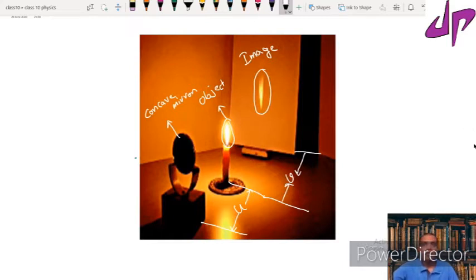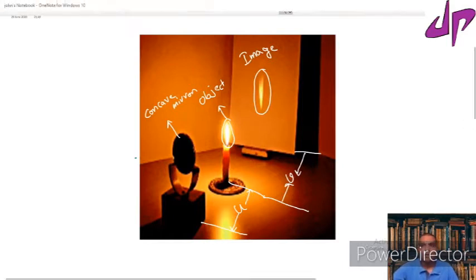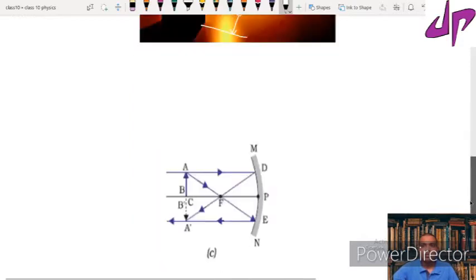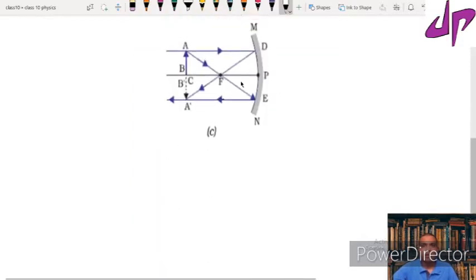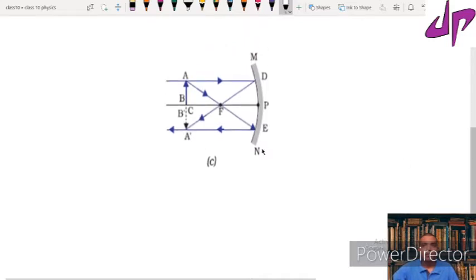And if you draw the corresponding ray diagram for this, this is the ray diagram which we already know. In this one we need to measure the object distance. Here AB is the object. Now we will measure the object distance from the pole of the mirror to the object. That length we will take as object distance u.